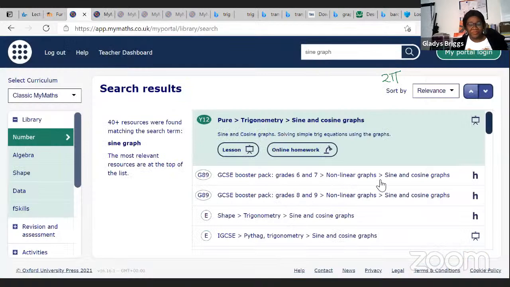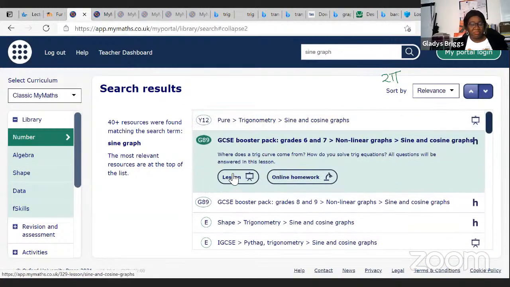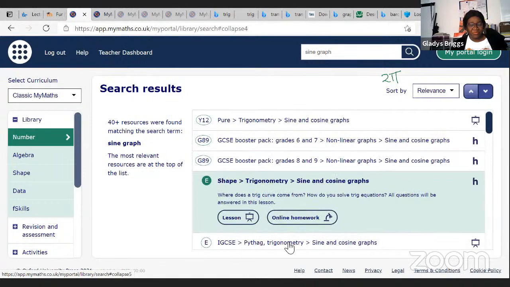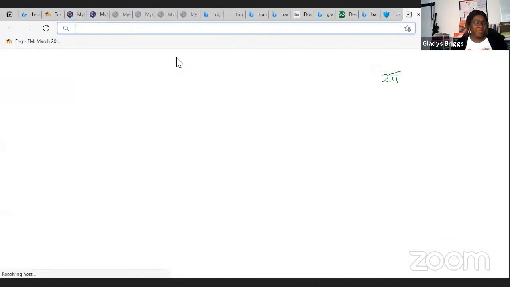Let's see if it's the same thing. It's the same lesson. Right, let me put some of them on Desmos for you guys.